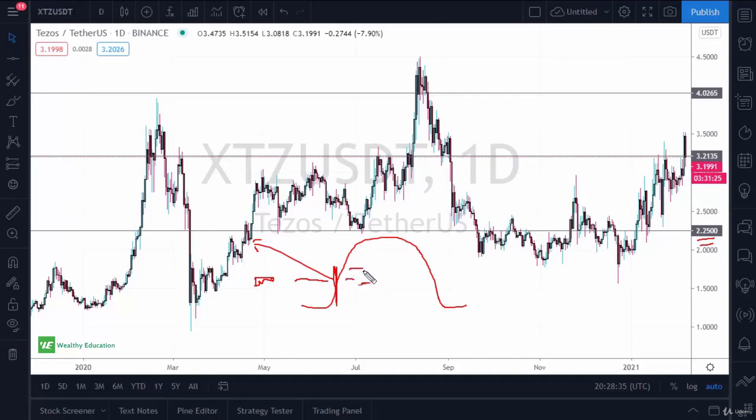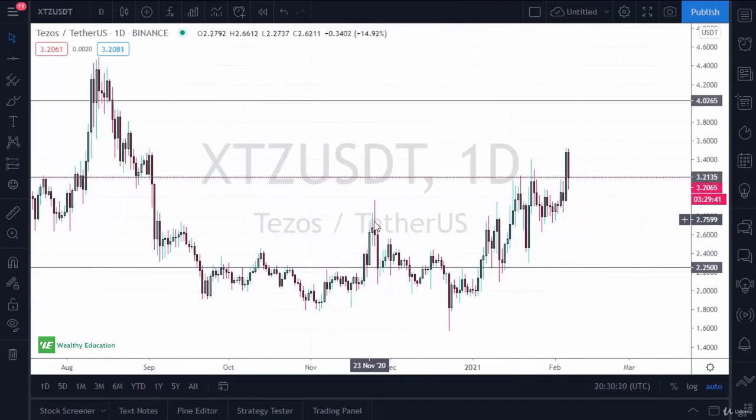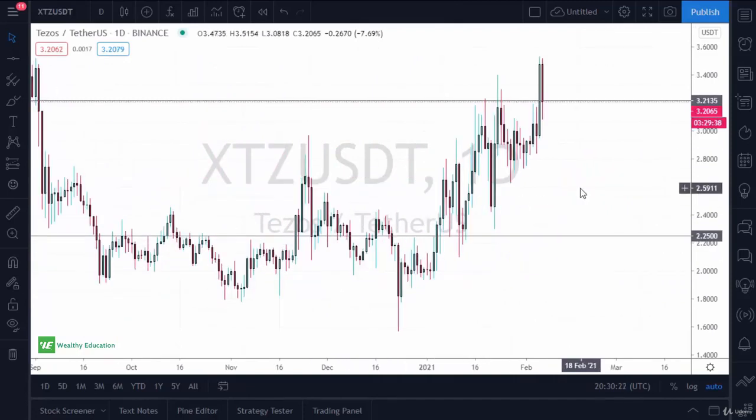And depending on the caliber of the gun and a whole host of other factors, it may barely penetrate. It may penetrate pretty deeply. So think of it more as a range. You need to see whether or not it breaks through to the other side in order to consider this flipped, your support being flipped to resistance, for example. And really the best way to do that is to wait for the candle or the bar to close. And we will go through using those as well.